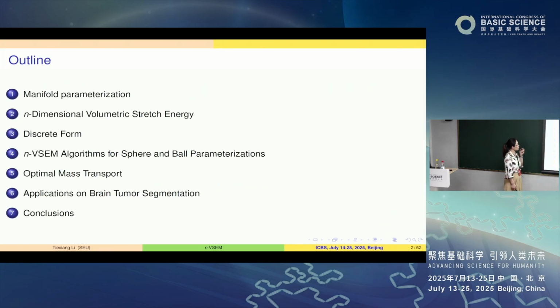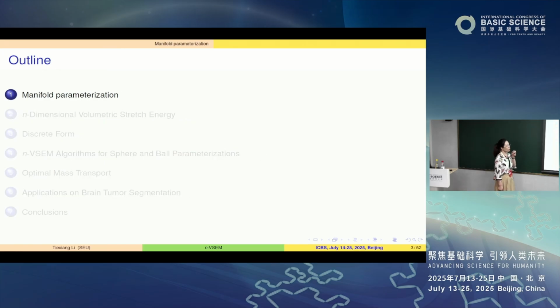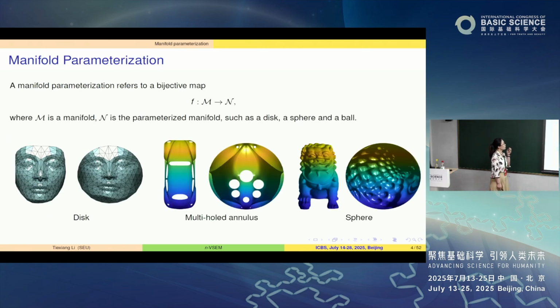My talk has 7 parts. Firstly, I will introduce the manifold parameterization, the concepts, and some models.